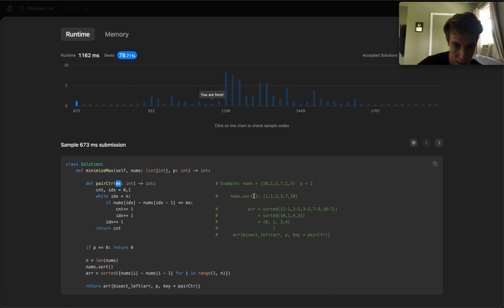So in the case of a sorted version of nums, and a max being returned of initially, well, this is going to be 2, right? P2.